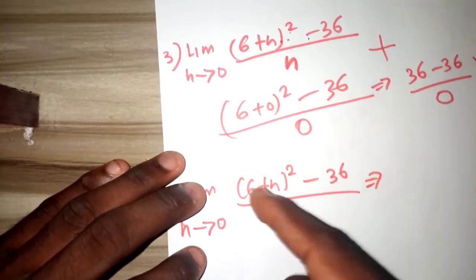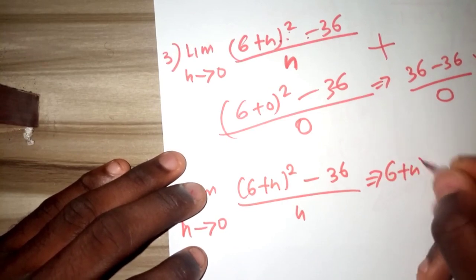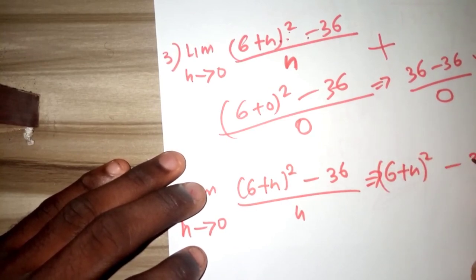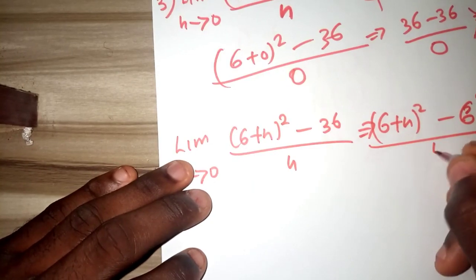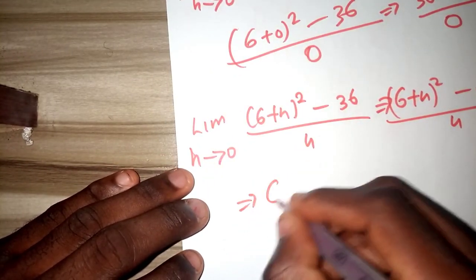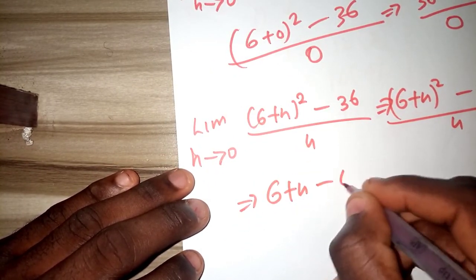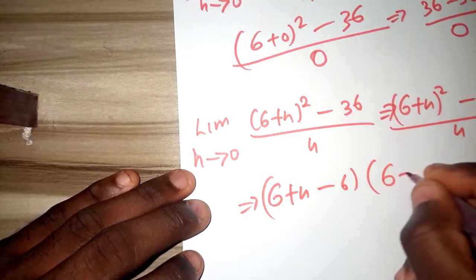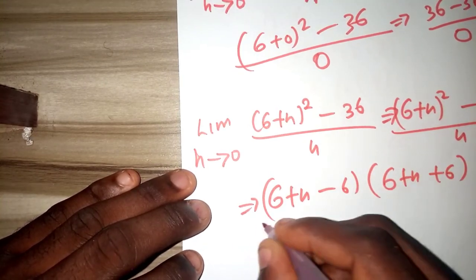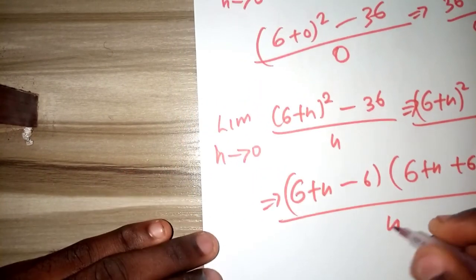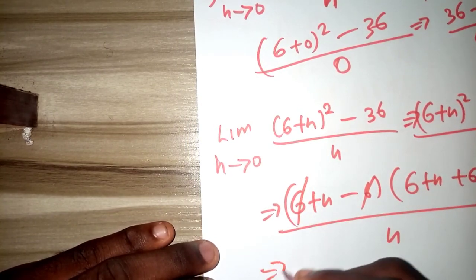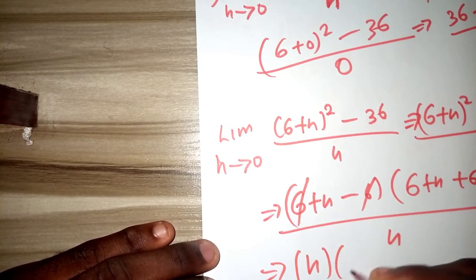I can write this as 6 plus h squared minus 6 squared over h. Then with that I have 6 plus h minus 6 and 6 plus h plus 6, over h. And this will cancel this. I'm left with h times 6 plus h plus 6 over h.